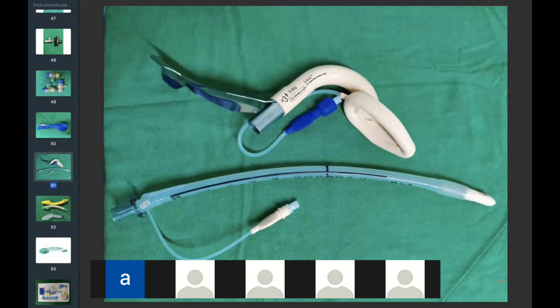It is used in emergency situations as a rescue airway device, or in case of anticipated or unanticipated difficult intubation. It has a cuff and a pilot balloon, and it has various sizes, and the volume of air that we inject is dependent on the weight of the patient.